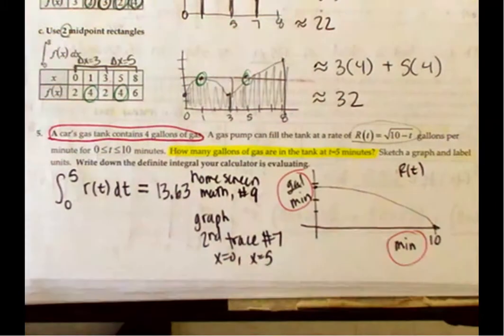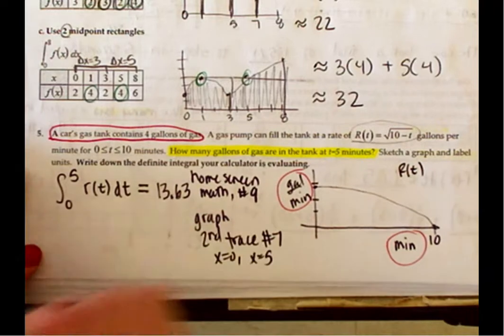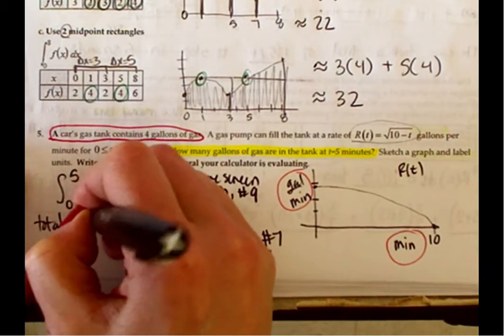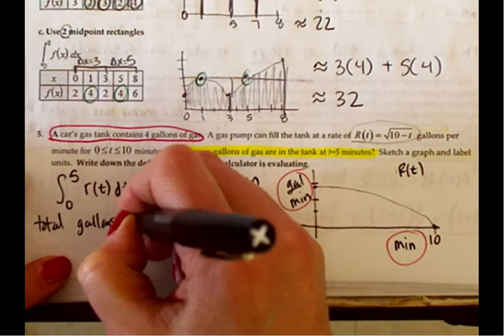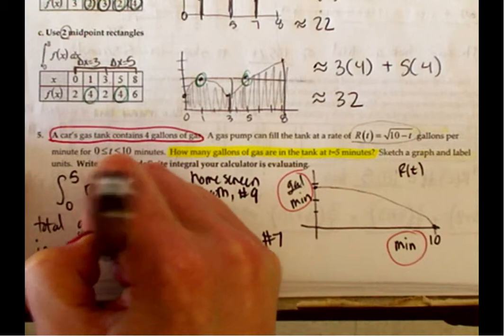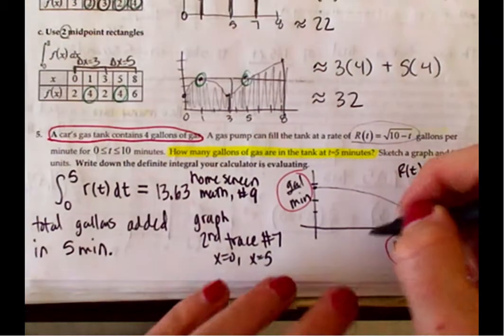Okay. Let's answer our question. 13.63 was the total gallons added in 5 minutes. Have I actually answered the question yet?